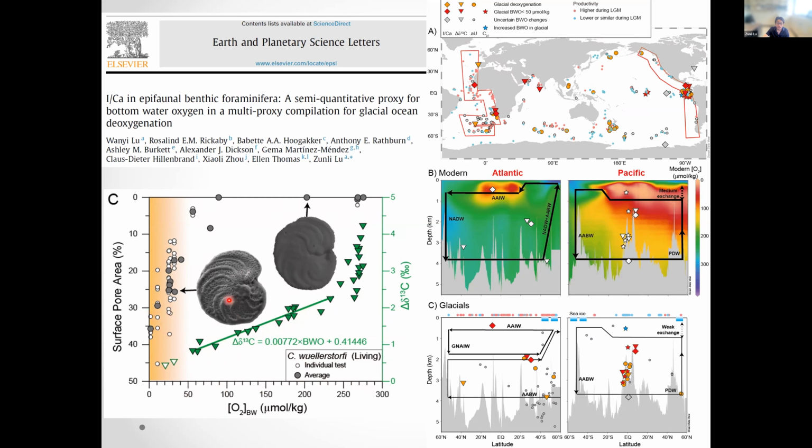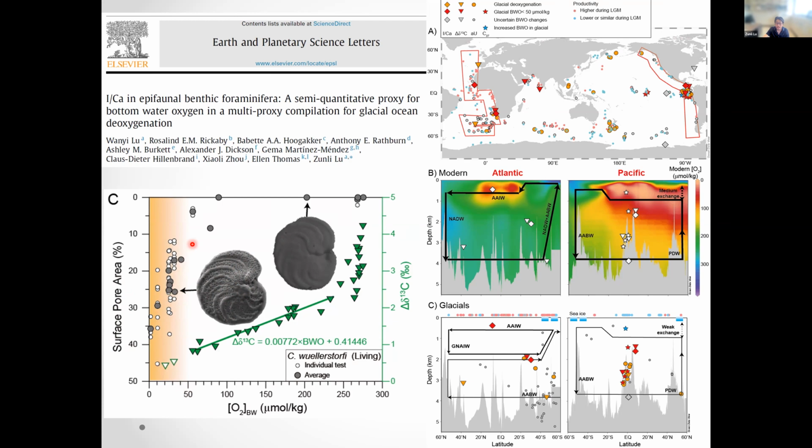And then on the other hand, if you look at these forams, when the O2 gets really low, you start to see these forams grow a lot of holes on the surface. If you process these images and come up with the pore density, the density of these holes on the surface of the foram, you also can say something a little bit more specific about the O2 values.